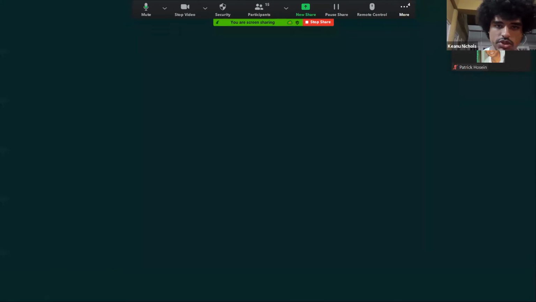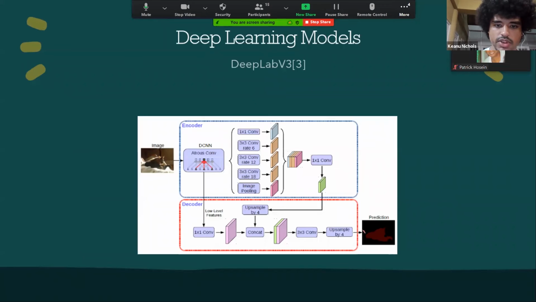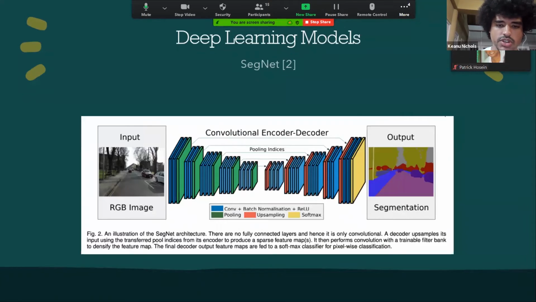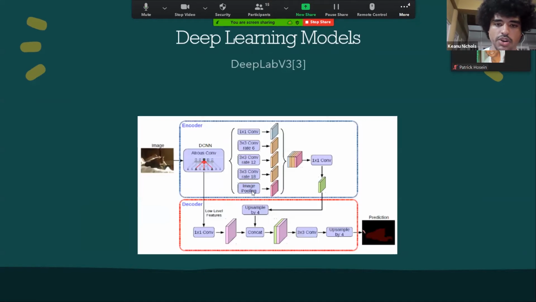So the next one is DeepLab V3. I believe this one was made by some people at Google. I may be incorrect, but I know for sure the DeepLab V3 one was proposed by some people at Google. In this instance, they used something called atrous convolutions, which I believe is kind of a better version of doing transpose convolutions.